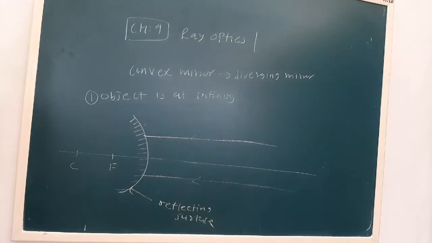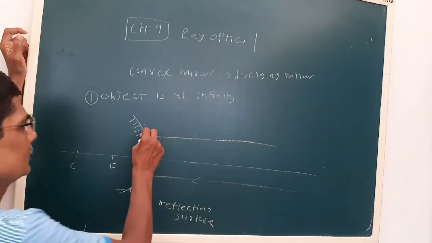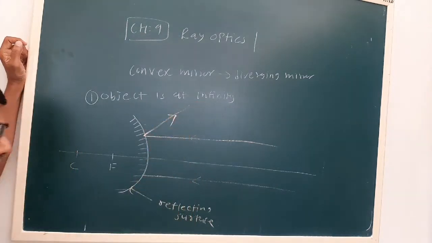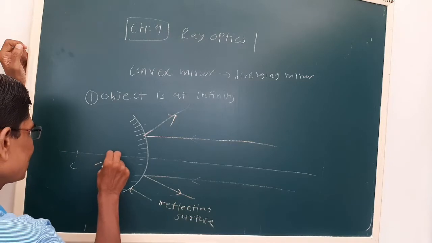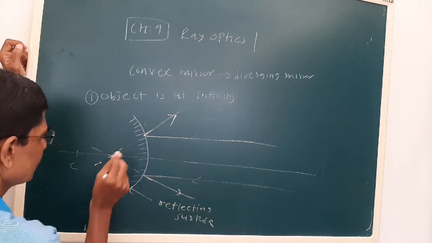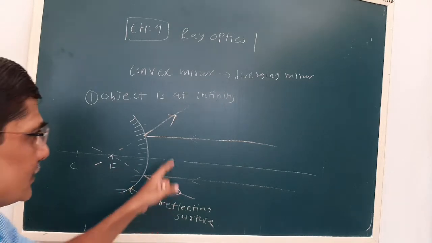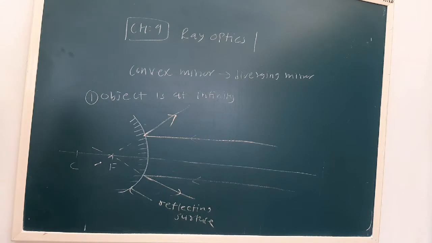Okay, but see, the convex mirror is a diverging mirror, so the rays falling will be diverging like this, but we extrapolate it, or we produce it. Okay, so when these rays are extrapolated, or when we produce them, they meet at F. So here, see, the image will be virtual.